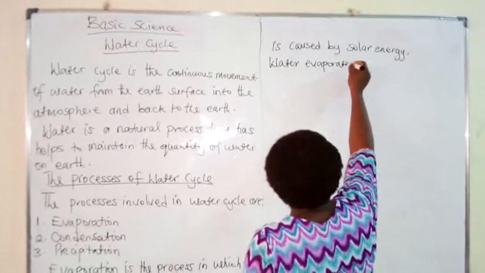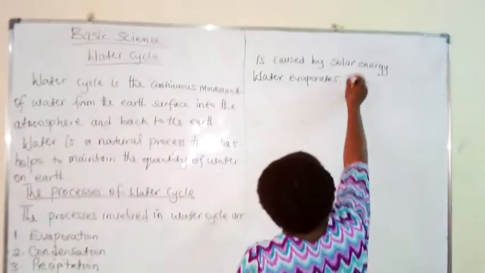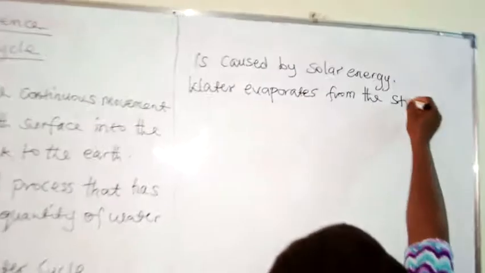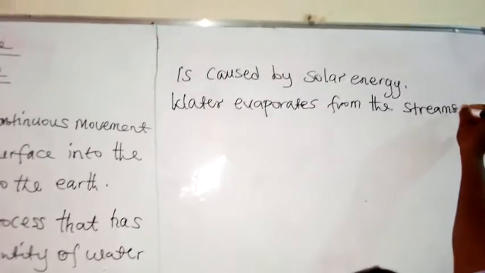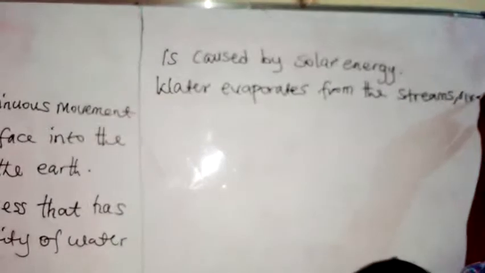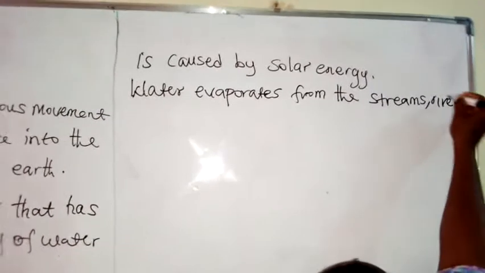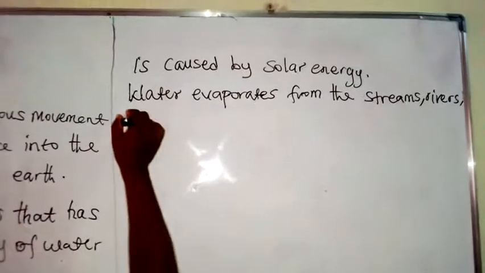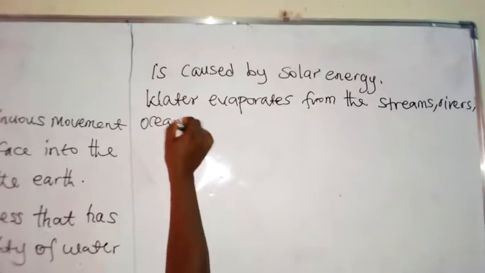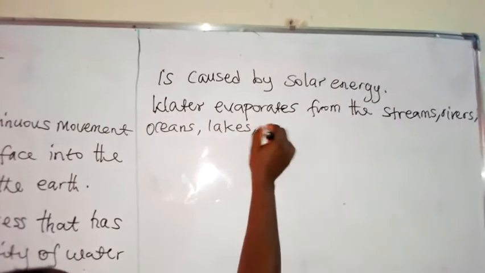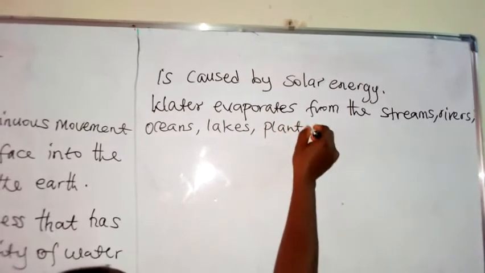Rain falls on streams, rivers, oceans, lakes, plants, etc.